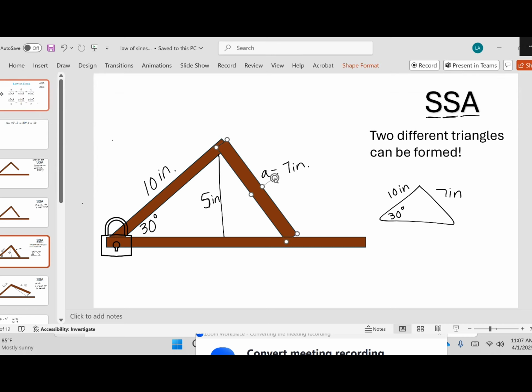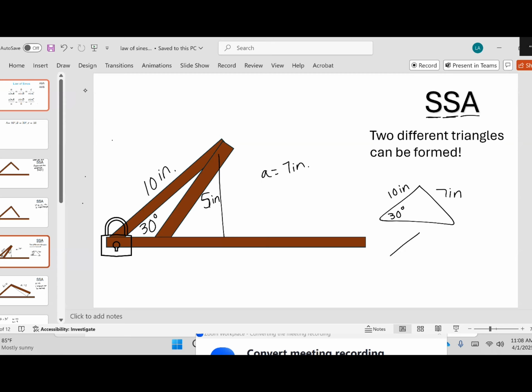I'm not going to change the length of 7 inches, but I can form another triangle if I rotate it. There we go. That's my second triangle that can form. And it's still 10 inches, 7 inches is the length, and I still have the 30-degree angle. That's 2 possible triangles with that side angle, right? Those are 2 possibilities that I just showed you.